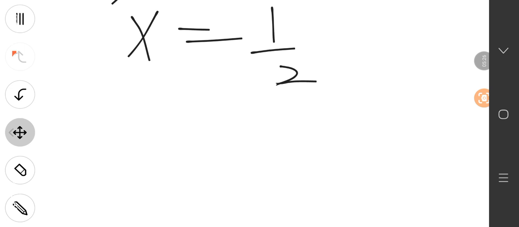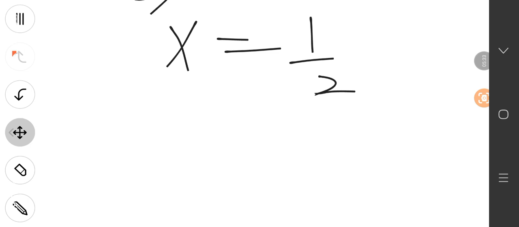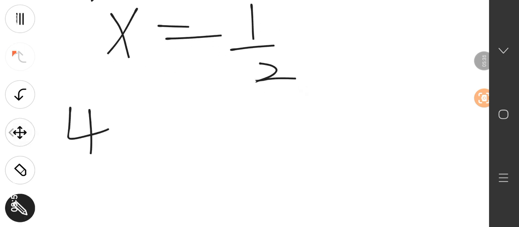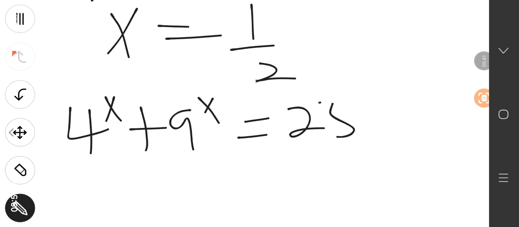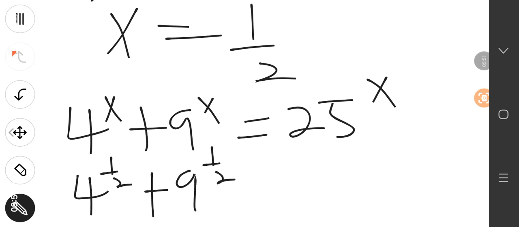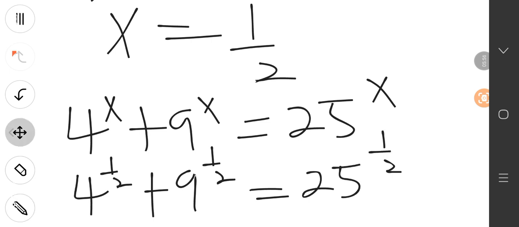All right, now let's check if x satisfies the equation. We have 4 exponent x plus 9 exponent x equals 25 exponent x. So you're doing substitution here: 4 exponent half plus 9 exponent half equals 25 exponent half.